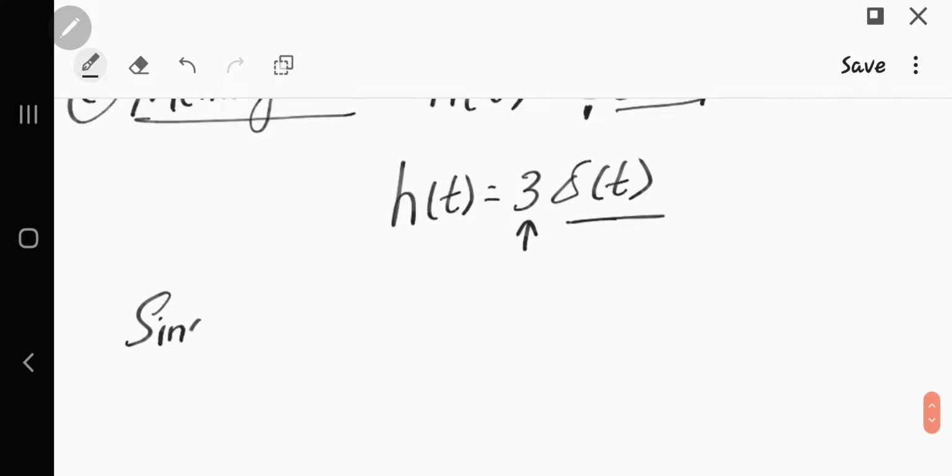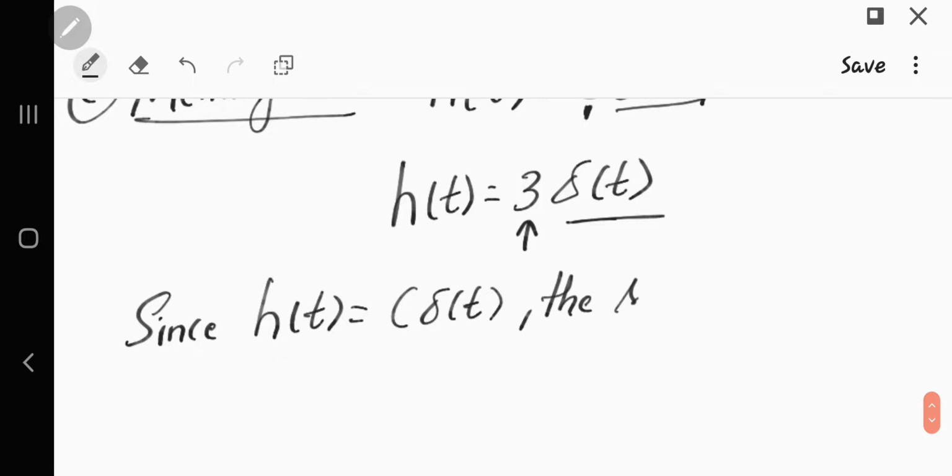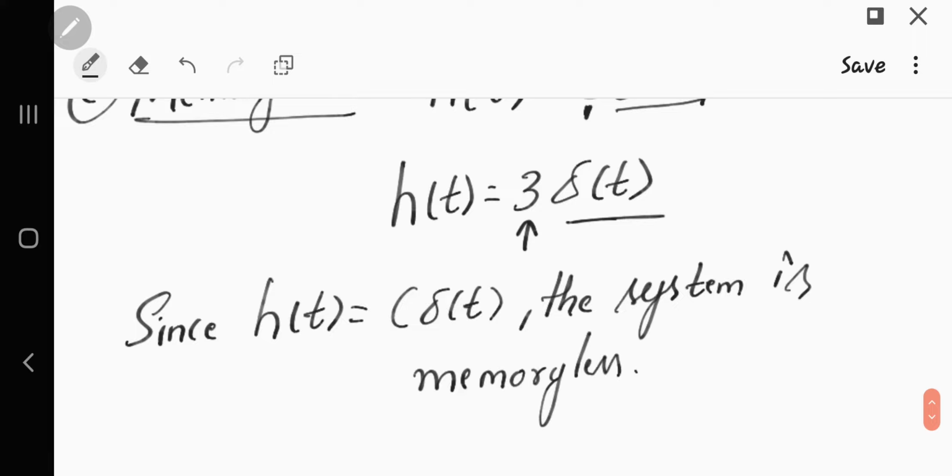So conclude like this: since h of t is of this form, that is it is satisfying the condition, the system is memoryless. Okay. So I have taken some examples in this video.